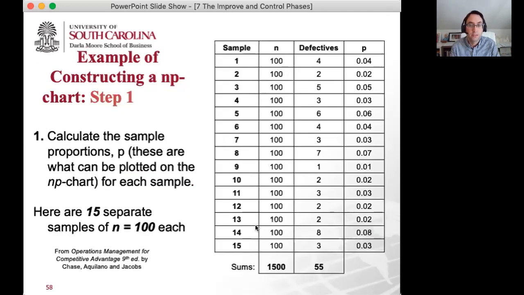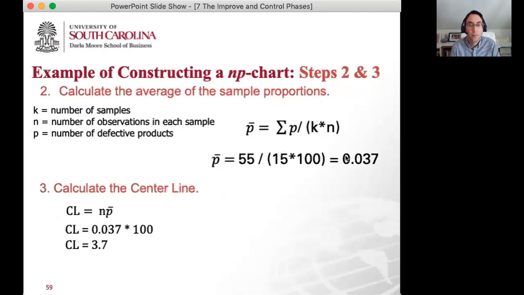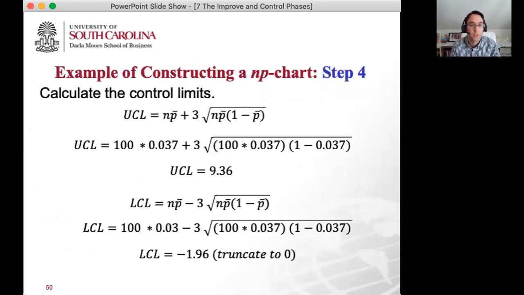So you can see here, K is 15, N is 100, and our P bar is 0.037, right? So that's the average percentage. That's going to be our central line. So that times 100, which is the sample size, it's 3.7. So our central line is 3.7, as in this case it was defective products.